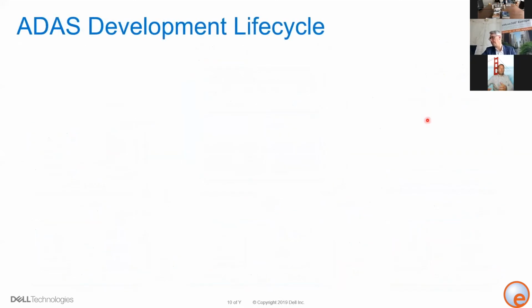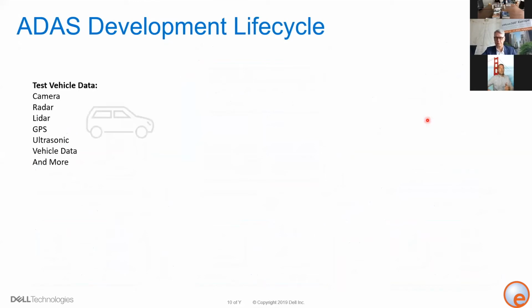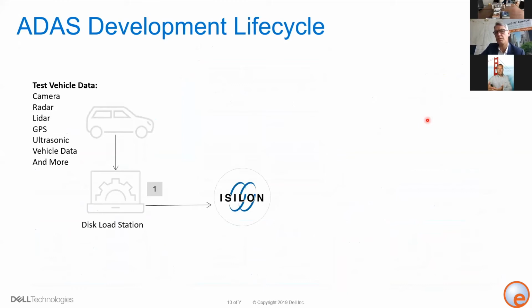So what does a typical development life cycle in each of these satellites look like? As mentioned before, we are sending out vehicles to the field to record data with different sensors: camera, radar, LiDAR, GPS, etc. Then the sensor data gets ingested through a disk load station in one of these remote sites to the centralized data lake.